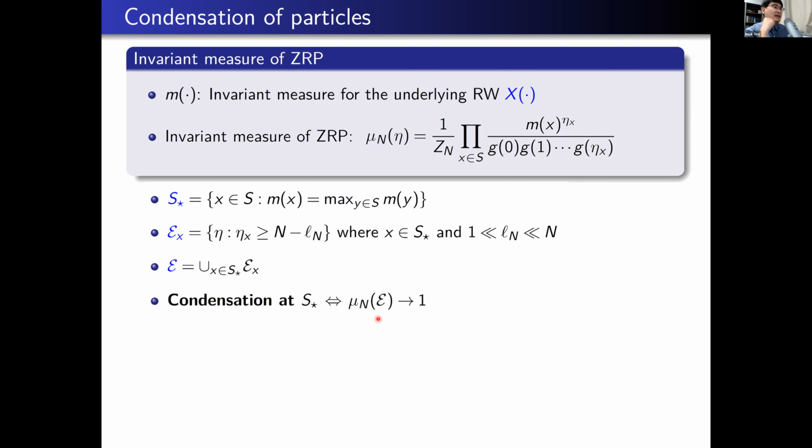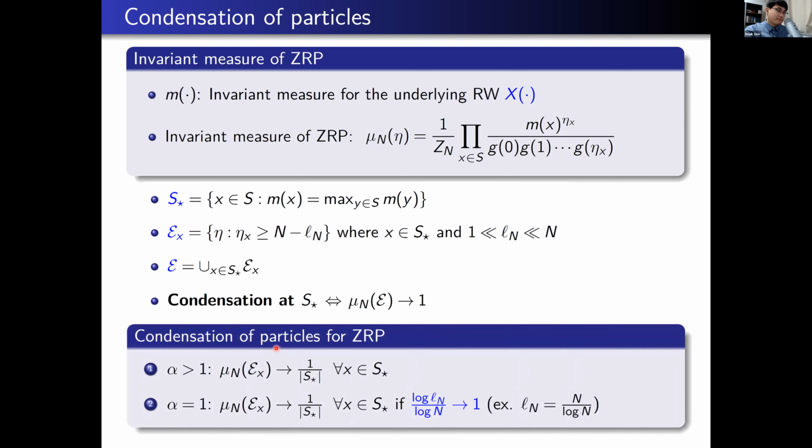We say that we observe a condensation of particles at S star if this event has a measure close to 1 under the invariant measure of the zero-range process. So when you sample the configuration according to the invariant measure, the particles will be condensed at one site of S star with dominating probability.